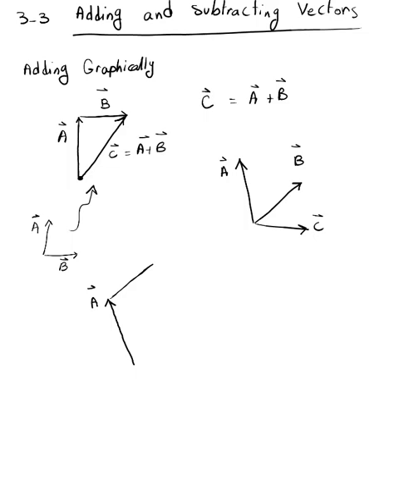Let's say that this is B. And then I'm going to place the tail of C at the head of B, so one by one, with the same magnitude and same direction. Now the summation is the vector that extends from the tail of the first one, which is A, to the head of the last one, which is C. So this is vector D. Let's say D is going to be A plus B plus C.